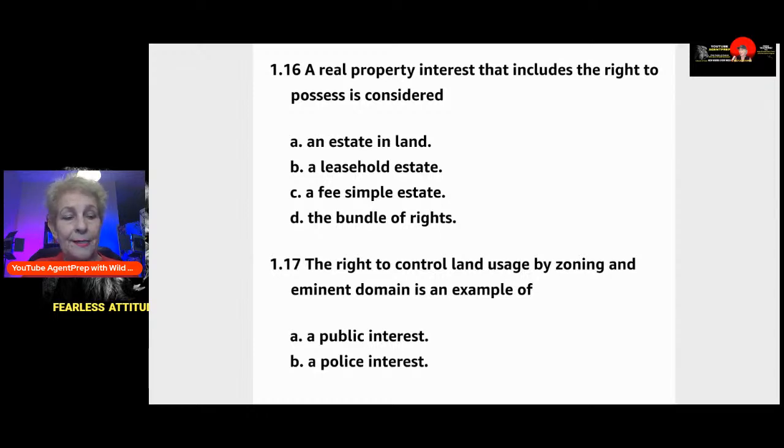So interests are principally distinguished by whether they include possession. If the interest holder enjoys the right of possession, the party is considered to have an estate in land, like a life estate, a lease estate. Freehold and leasehold estates in land are further distinguished by whether the duration of the owner's rights can be determined. So when you have a leasehold estate, that's like you're a tenant.